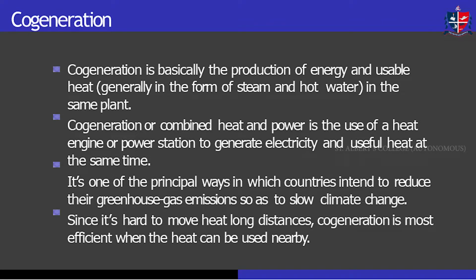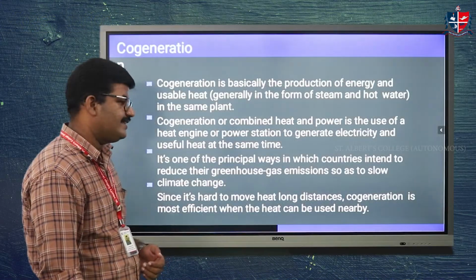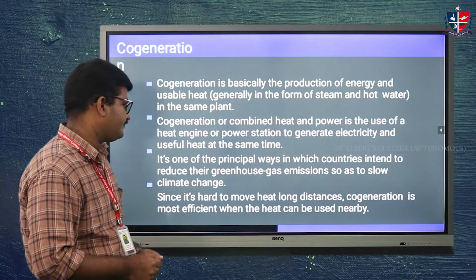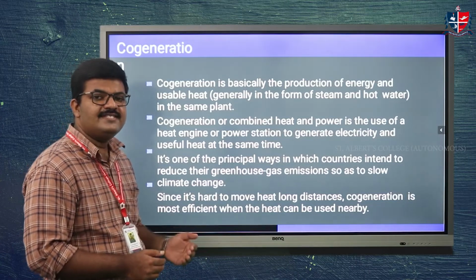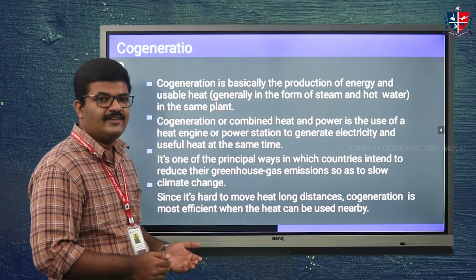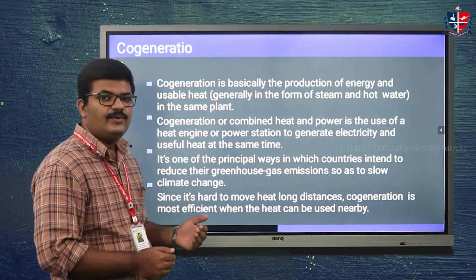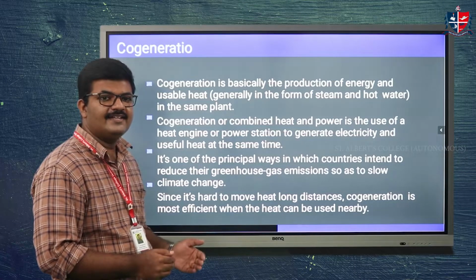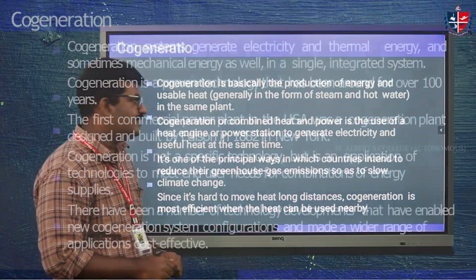Cogeneration is an important method countries use to reduce greenhouse emissions. Therefore, there is a control for heat production. However, there is a difficulty in handling the generated energy because we have to utilize the generated electricity and heat energy at the point of generation.